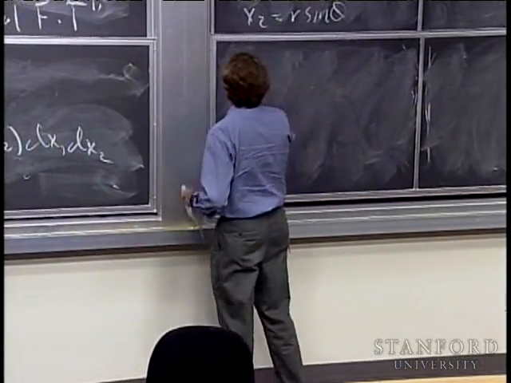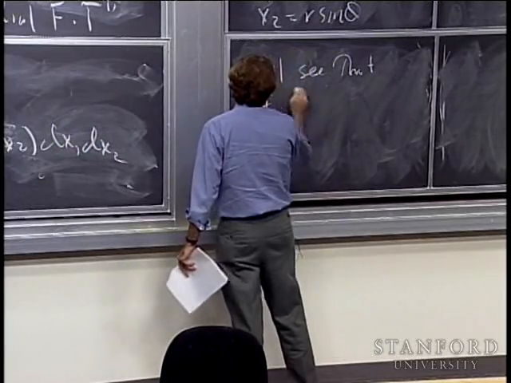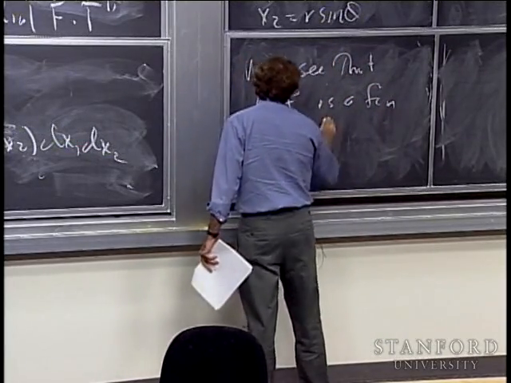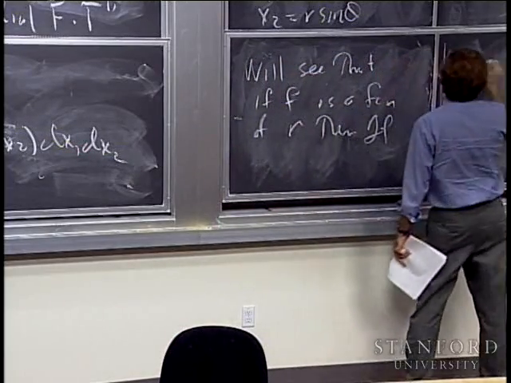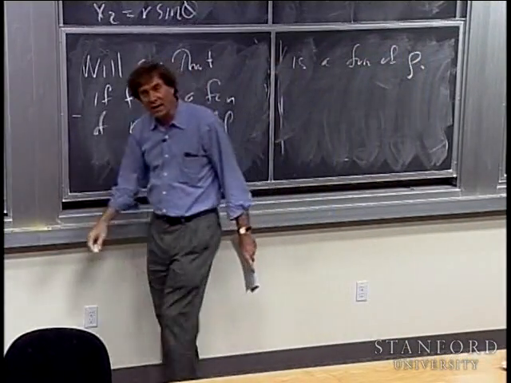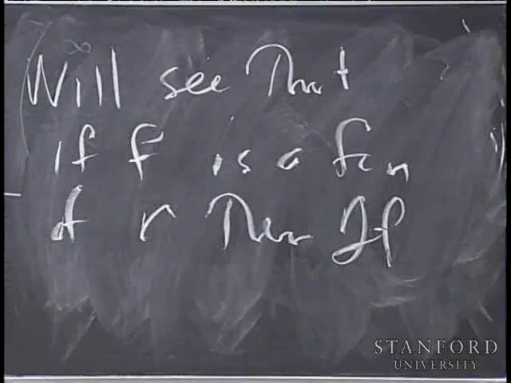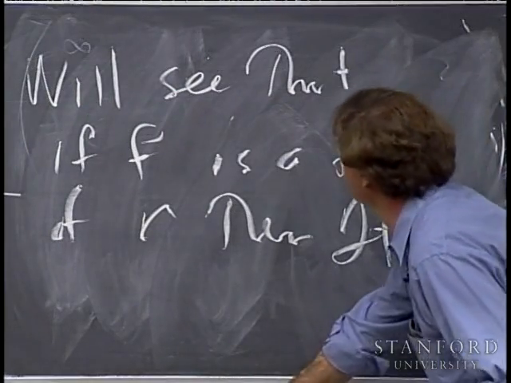So we'll see that if f is radial, a function of r, then the Fourier transform of f is a function of rho. That's what it means to say that the Fourier transform of a radial function is again a radial function. All right, so let's do this.